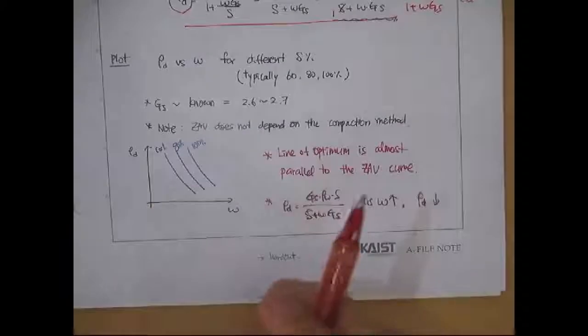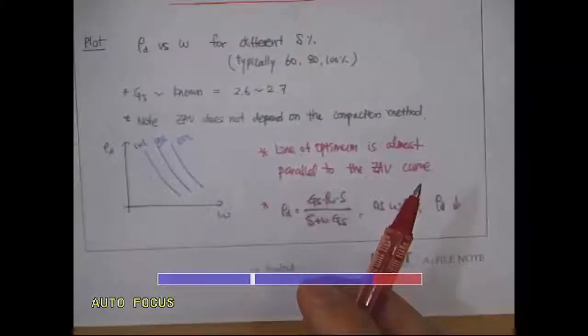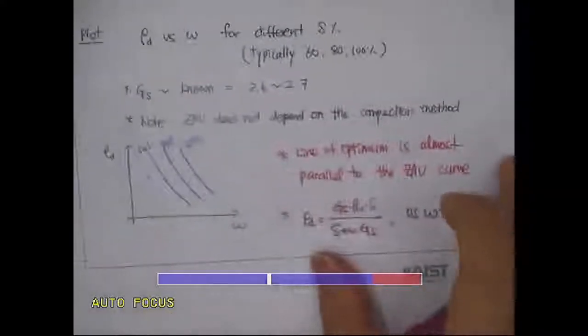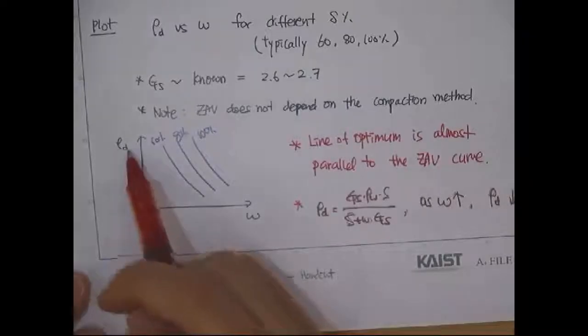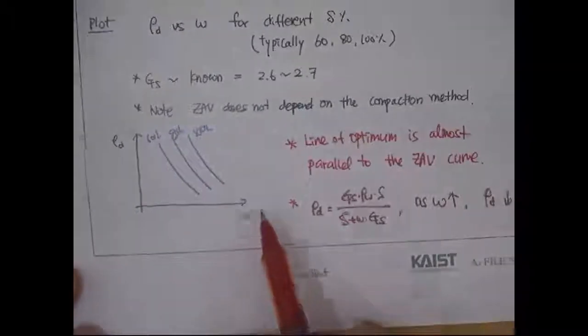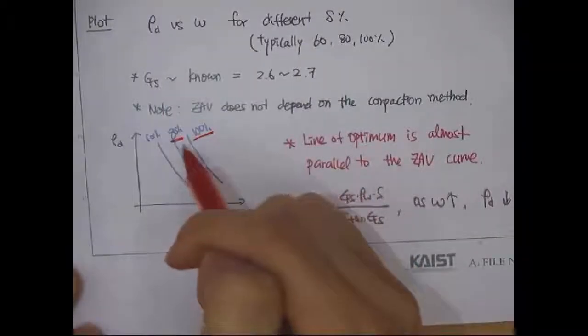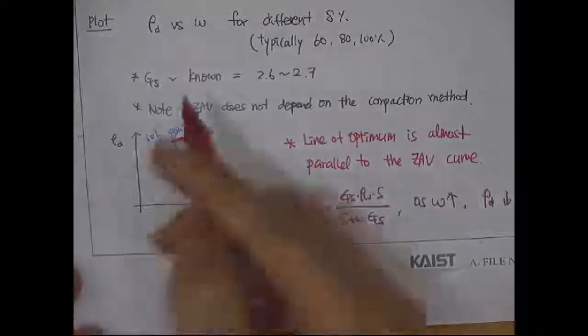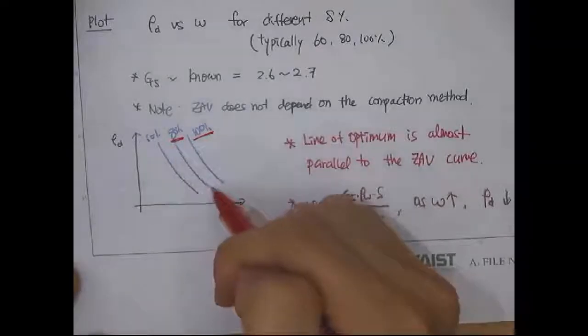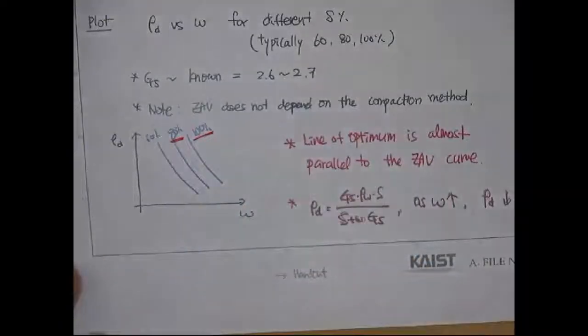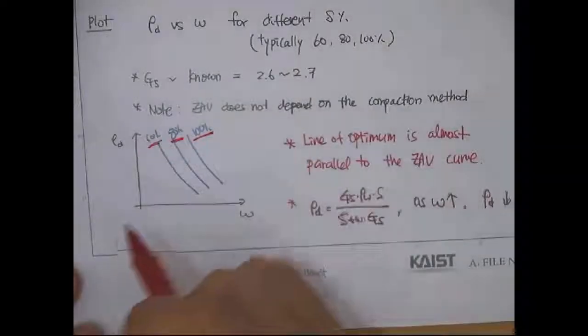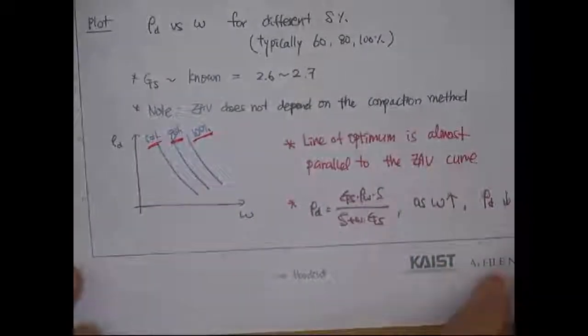From that result, you can plot it in this rho d versus w graph, here when the degree of saturation is 100%. And if you put S as 0.8, then you get another curve representing the degree of saturation of 80%, and 60%, you can do the same thing, right?